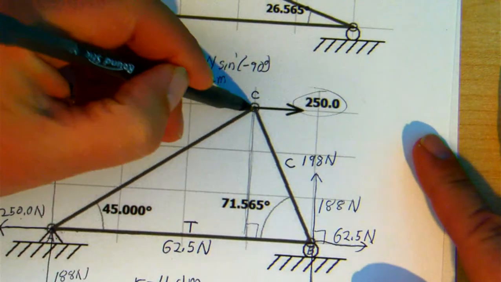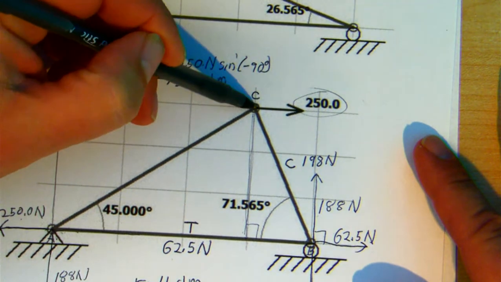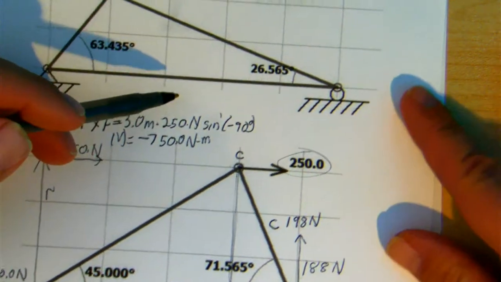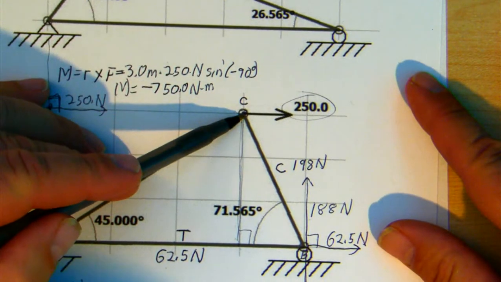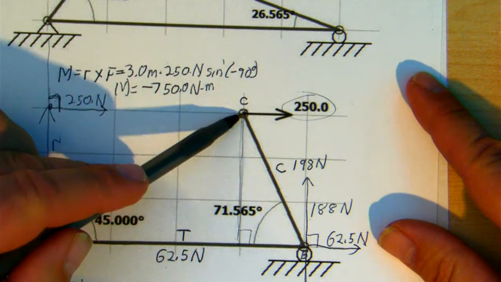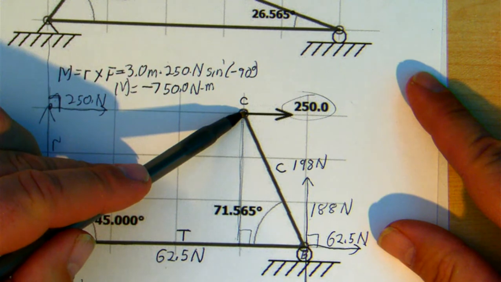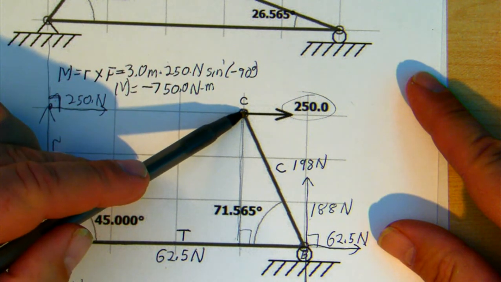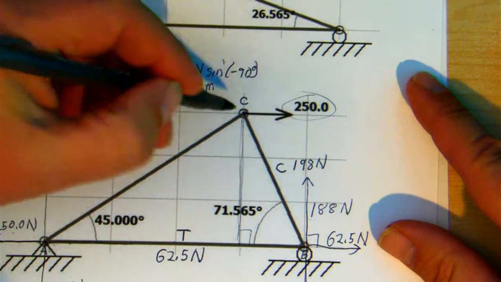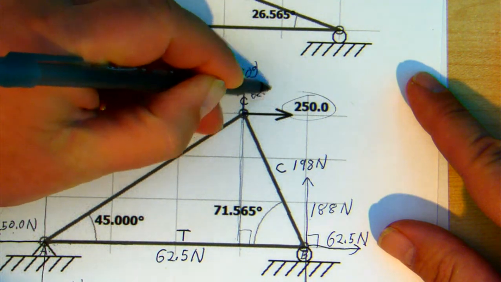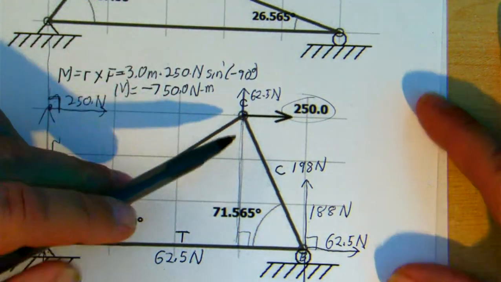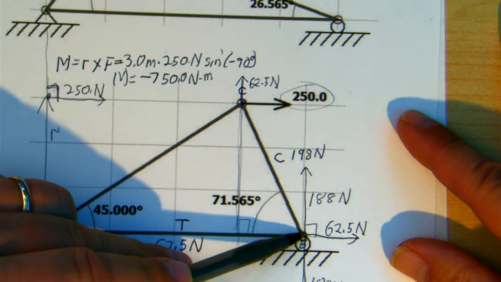I'm going to now take care of point C. I spy with my eye that B is pushing point C up and to the left. It's pushing up with 62.5 newtons of force, because that's what C is pushing down.